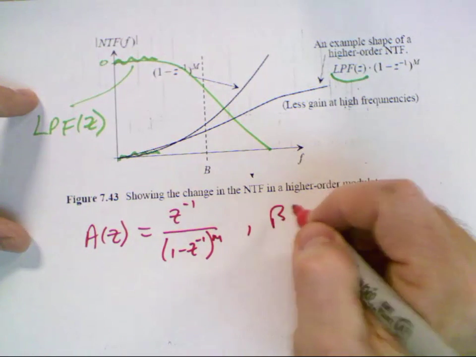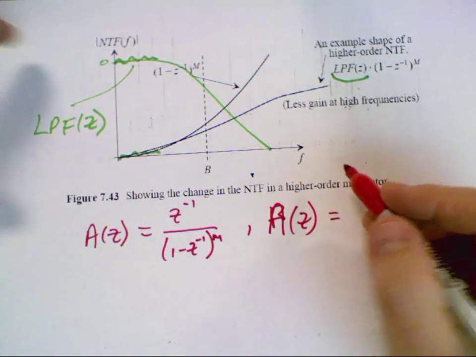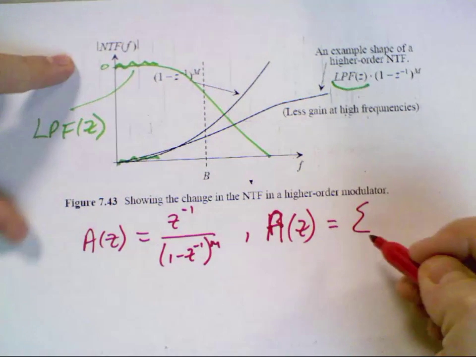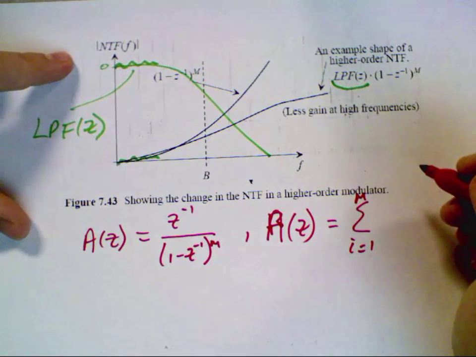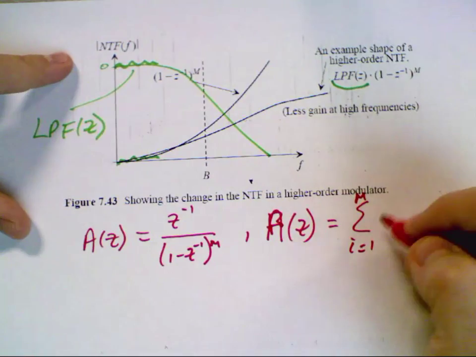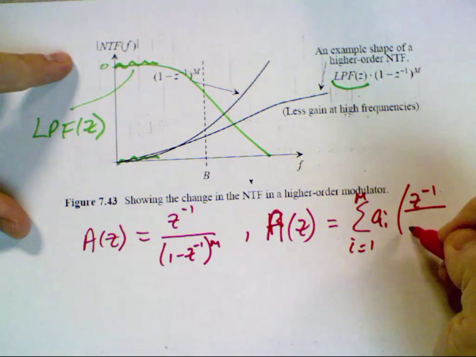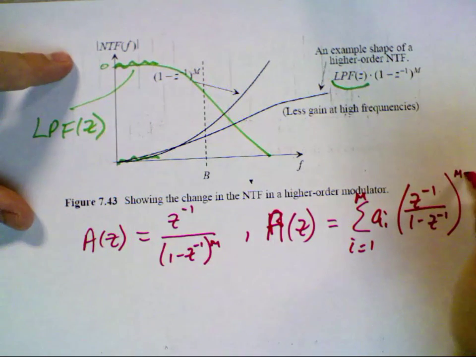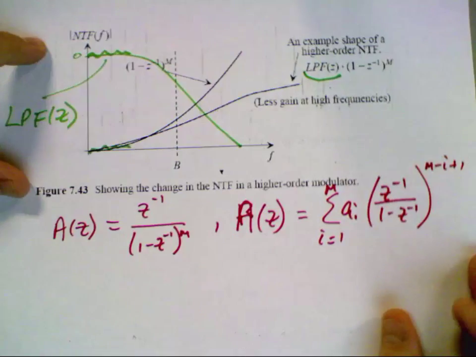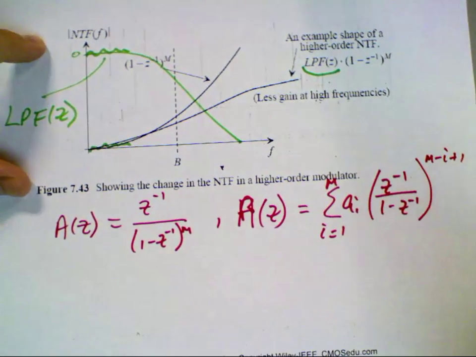And then here my A of Z is equal to the summation from I equals 1 to M of A to the I power times Z to the minus 1 over 1 minus Z to the minus 1, to the M minus I plus 1. Okay, so let me pause for a moment and tell me what the A's are for these two to be equal.